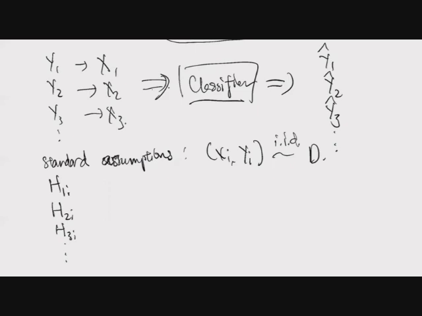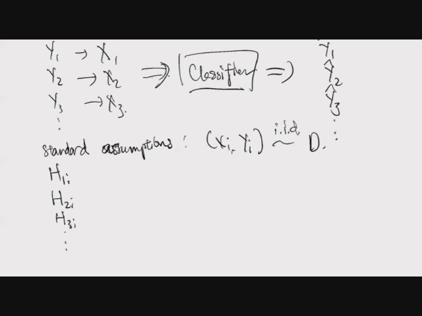And the i's here are either going to be 0 or 1. Each hypothesis is going to give us some data, x1, x2, x3.